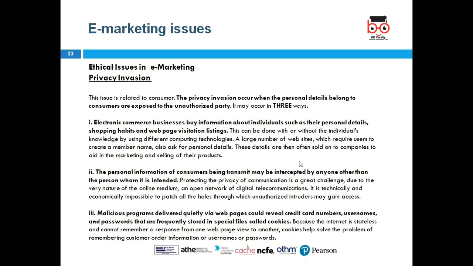Basically people sell the numbers and emails illegally, isn't it? Yes.